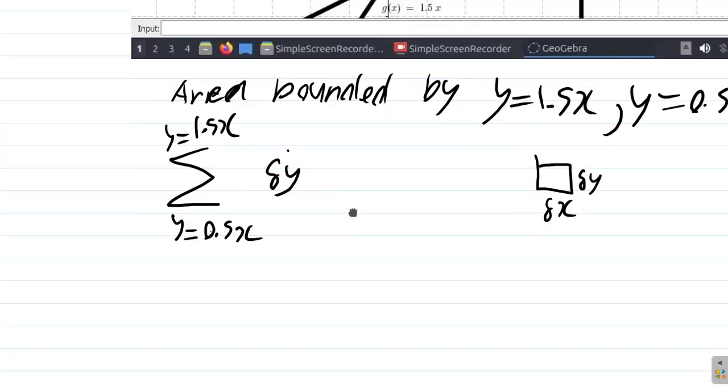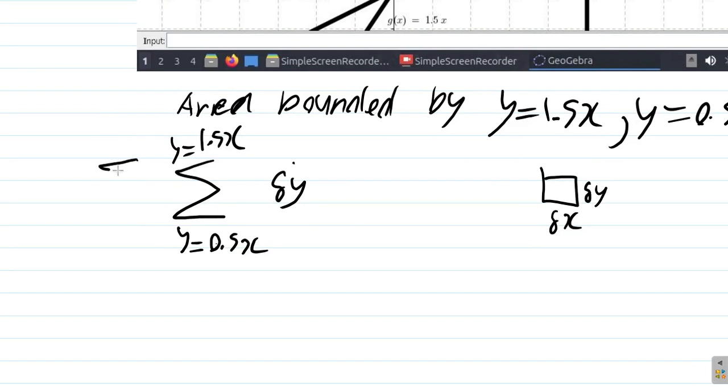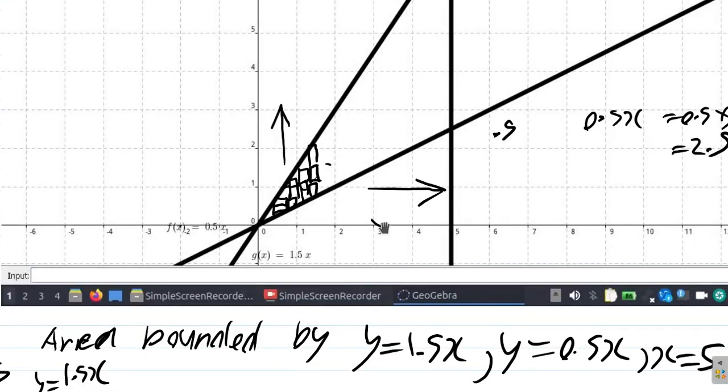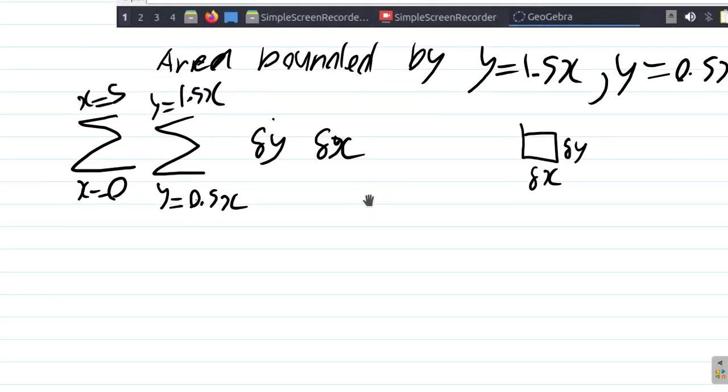So in this case, we're summing up all of this. We're summing it up from x equals 0 to x equals 5. And we're summing up delta x's, all of these widths. Okay?